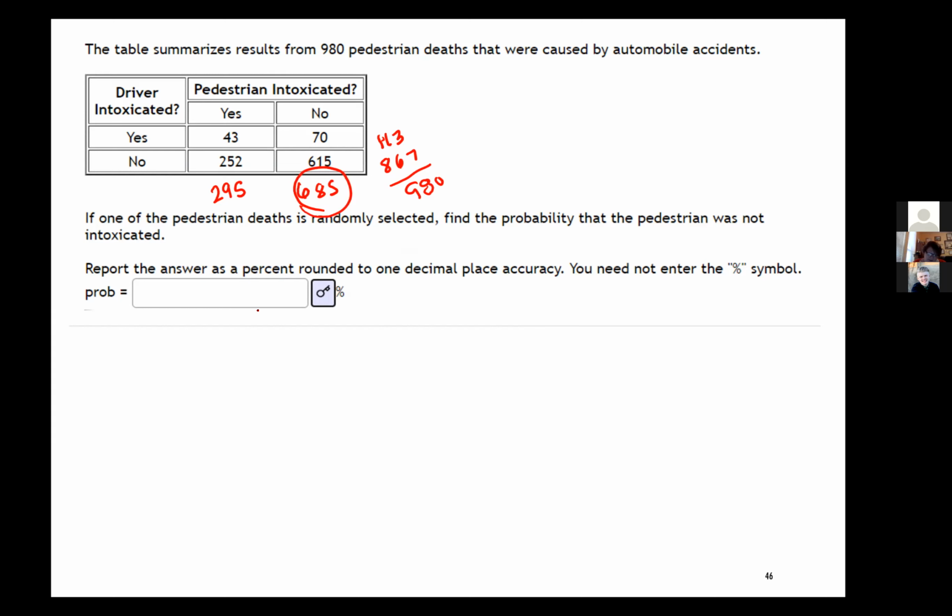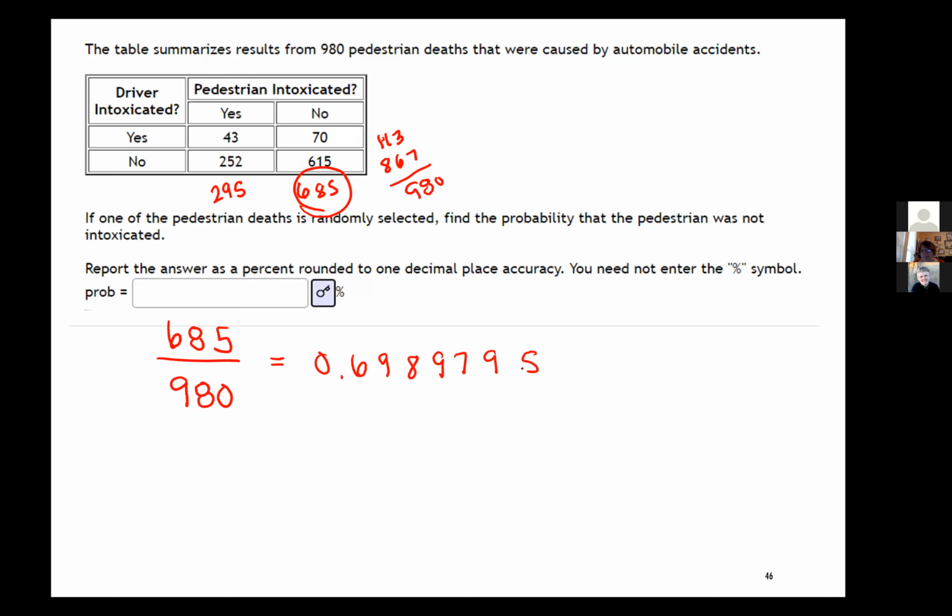So the probability that they were not intoxicated would be 685, the total number that were not intoxicated, divided by the total number. So if I take my handy dandy calculator, 685 divided by 980, I get 0.69899795.